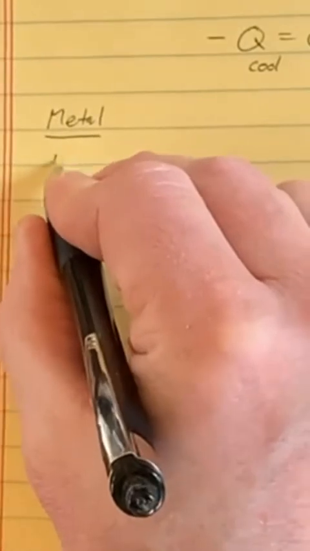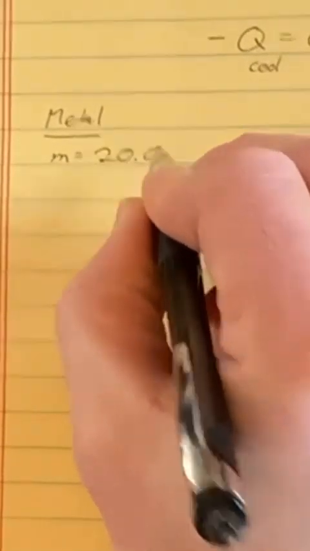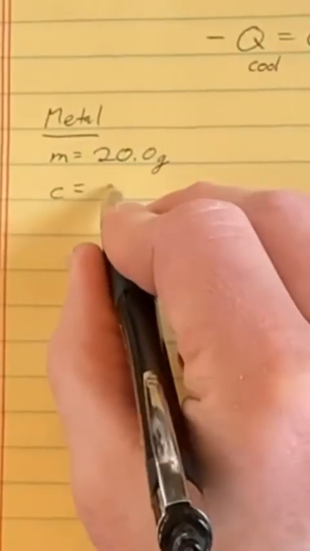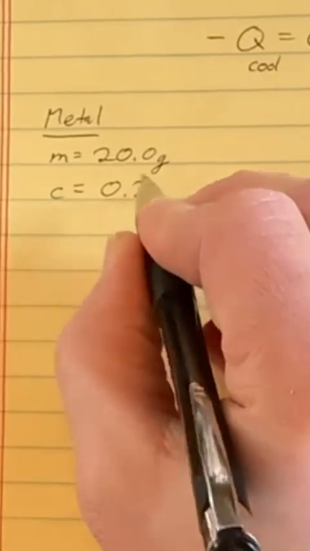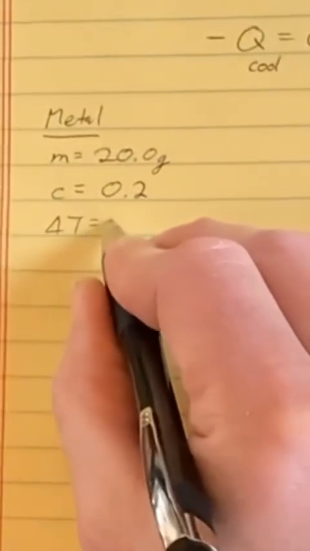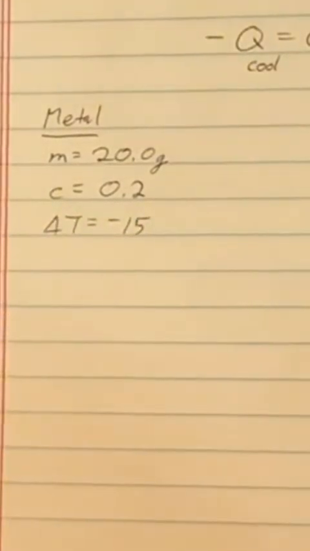So we're going to say that the mass of the metal is, let's say we have 20 grams of it. Again, making numbers up off the top of my head, let's say the specific heat capacity is 0.2, and it changes temperatures not by 15 degrees, but negative 15 degrees, again indicating that the metal is cooling.